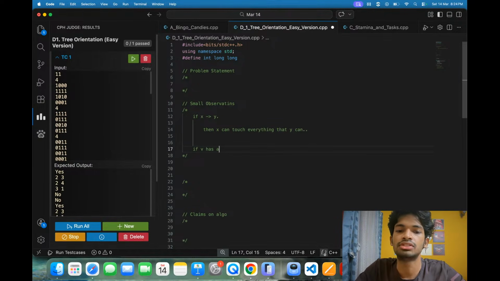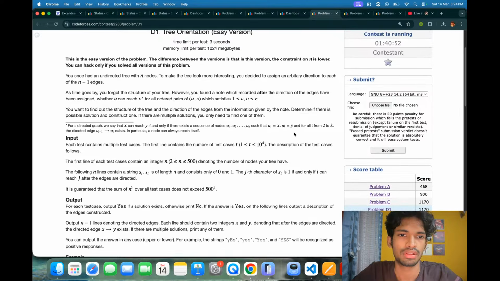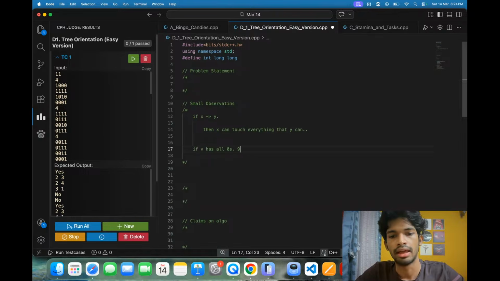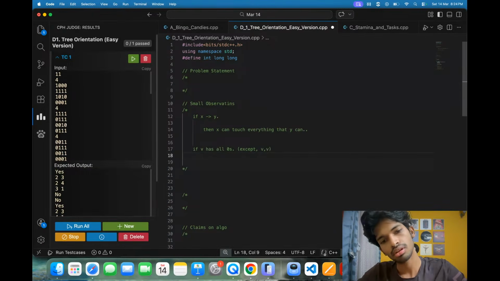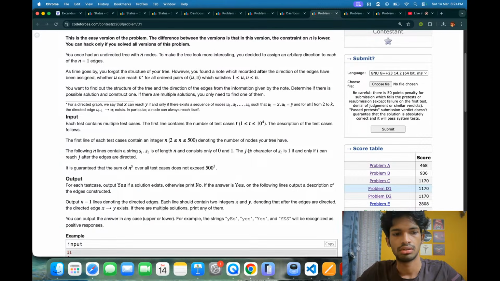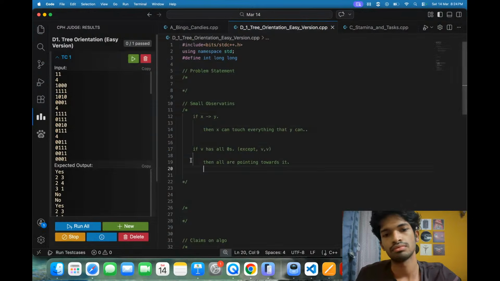If v has all zeros except itself, because you can reach it, except v comma v, then all are pointing towards it. So you are outputting n-1 edges, and you're also outputting the directions.